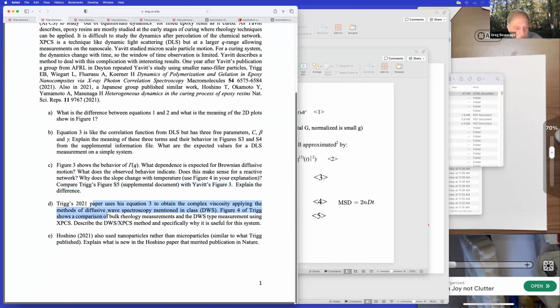Then the Triggs 2020 paper uses his equation 3, Yavit's equation 3, to obtain the complex viscosity, applying the methods of diffusive wave spectroscopy.